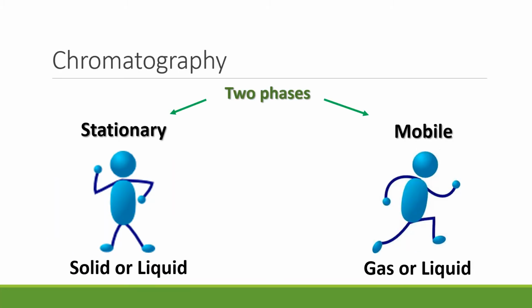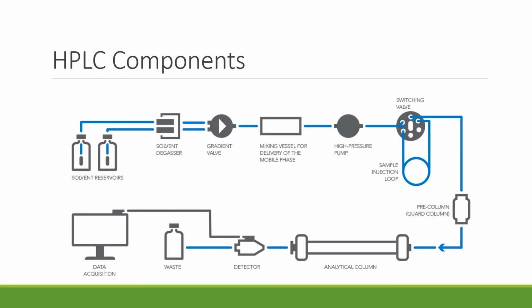Again, just a reminder, we're dealing with these two phases for separation and detection, and it's the interaction of the individual components with the stationary and the mobile phase that actually will separate the components.